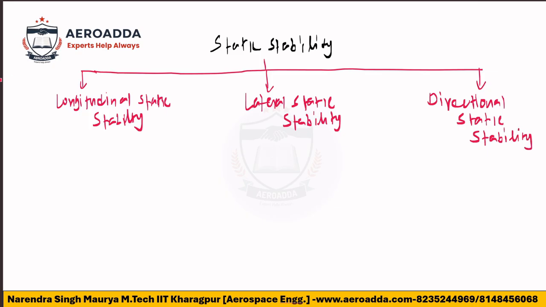For stability, the pitching moment ∂M/∂α with respect to angle of attack must be less than 0. The rolling moment ∂L/∂φ with respect to rolling angle must be negative for stable.